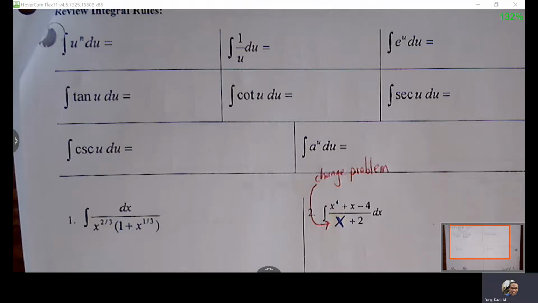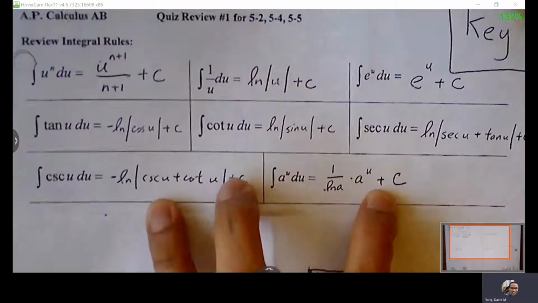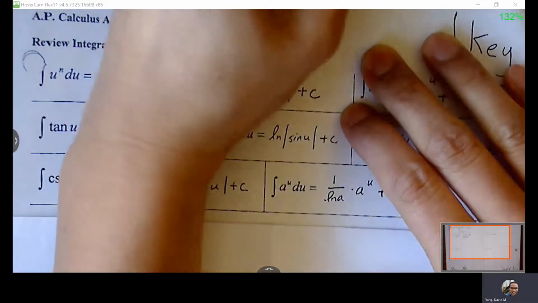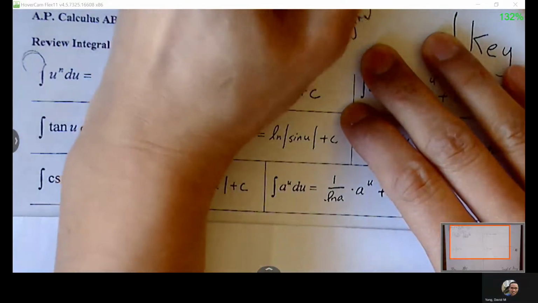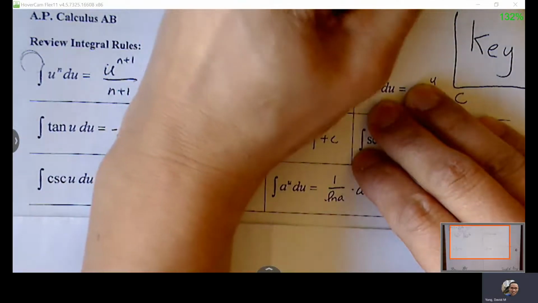What are all the things you have to know? In terms of rules? Yeah, rules. I would say the rules you have in front of you, and also your original trig integrals and derivatives.